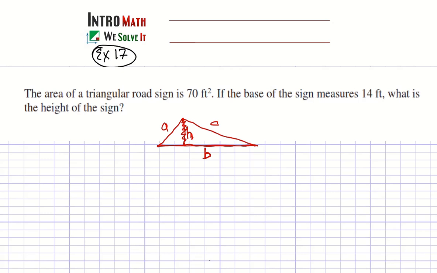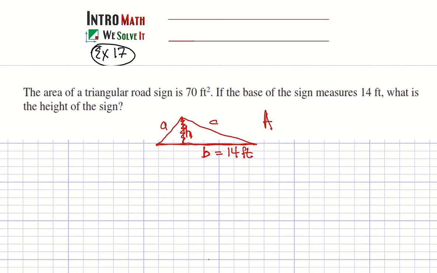So when they say the area of a triangular road sign is 70 square feet, if the base of the sign measures, okay, so what they're saying is the base here is 14 foot. They want to know the height. This is the height. But we do know that the area of a triangle, they will give it to you in the exam. We know that the area of a triangle is given like this.